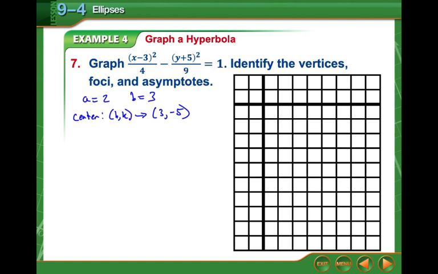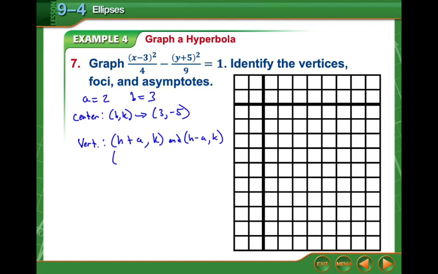So first, let's find our vertices, sorry. So vertices are going to be at 3 plus 2, so that's going to be our h plus a, and then k, and h minus a, k.